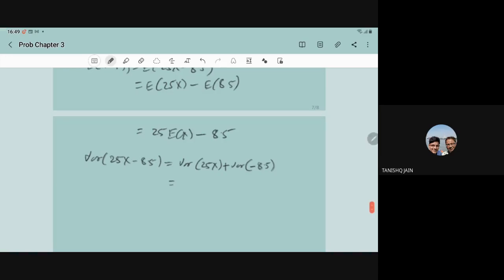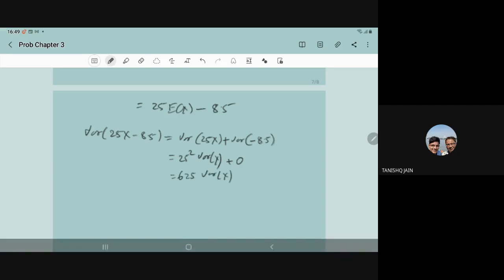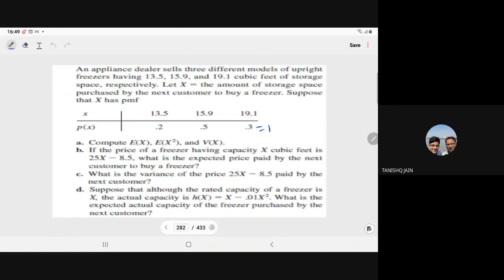Now 8.5 is a constant, so variance of the constant is 0. But never write the minus variance of this. And here we have 25 square variance of x, c square into variance of x. So that is 625 into variance of x. Whatever the variance we have, just put the value, and you will get the required variance.